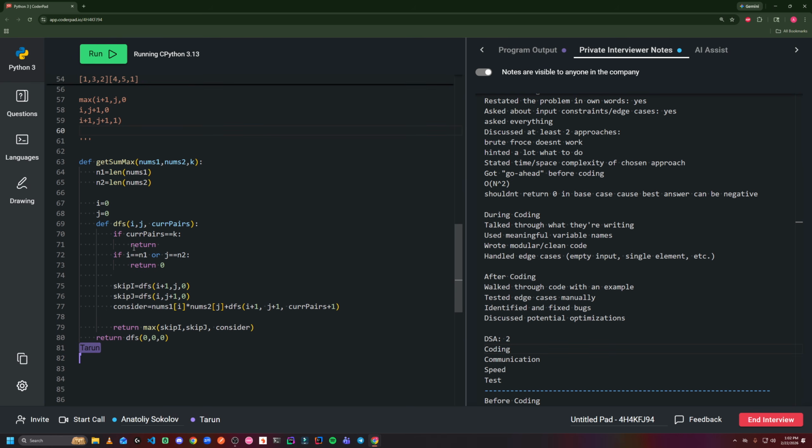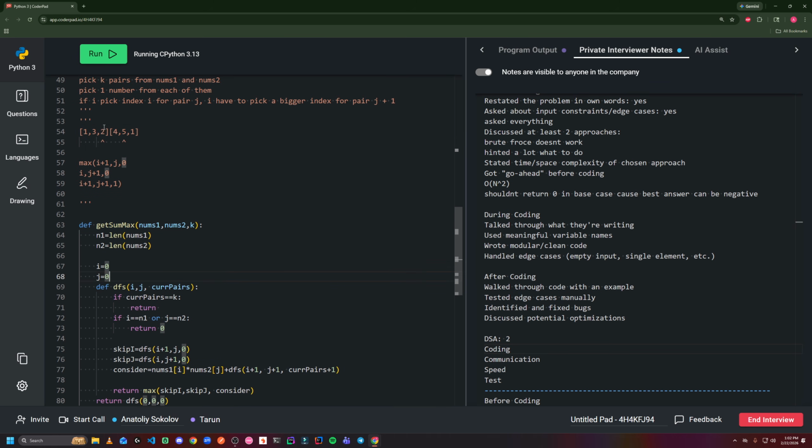So here, do you think we'll recompute anything or no? Like, for example, let's say we have four pairs. One option is to take the first pair, and then we come to the second index, so i is 1, j is 1, k is 1.